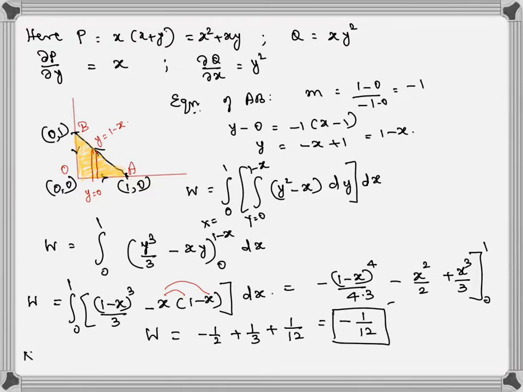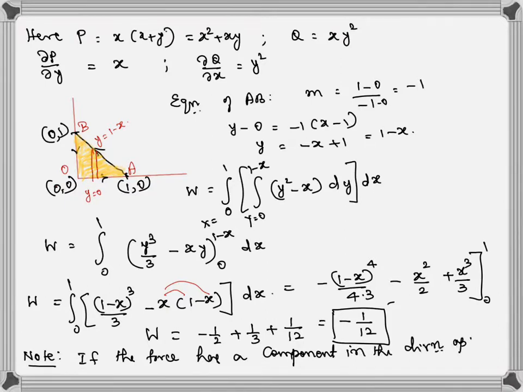So can the work done be negative? Yes, it can be. If the force has a component in the direction opposite to that of the displacement, then the force does negative work.